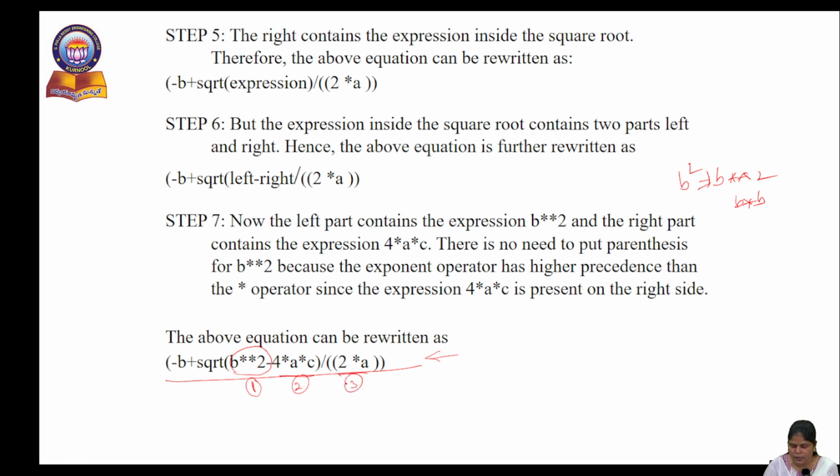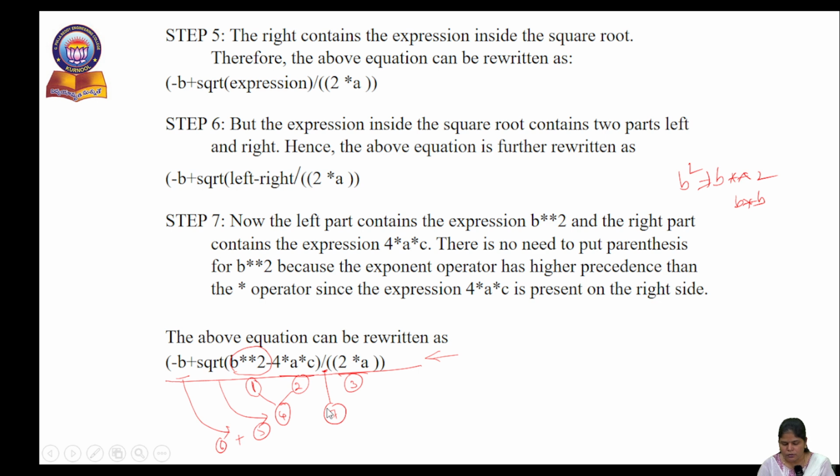After that, these two values will be evaluated, and then we have to perform the square root, the fifth one, and then minus b will be added. This is given 6, plus.